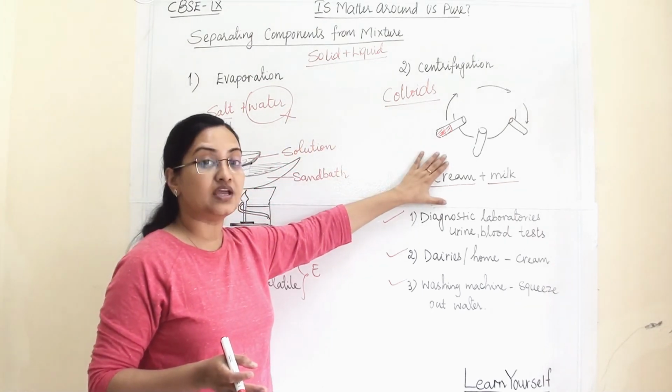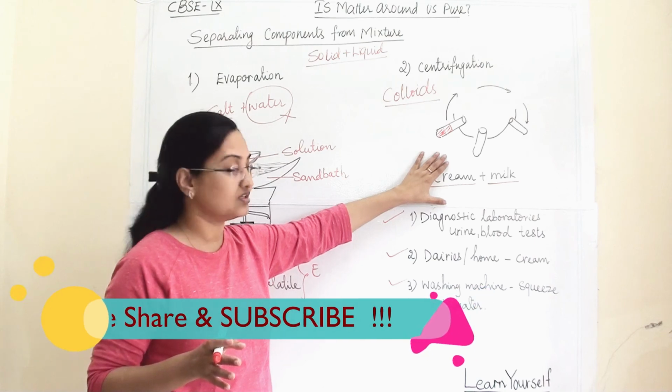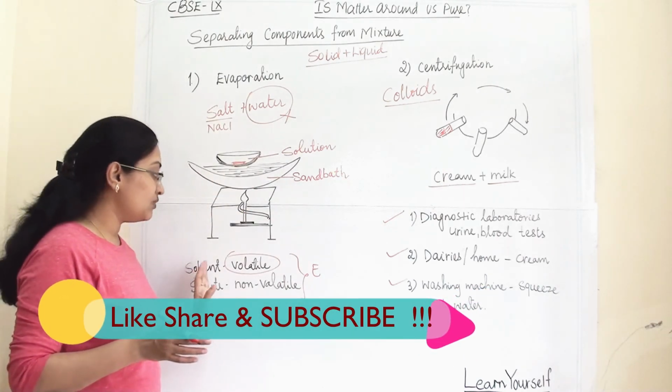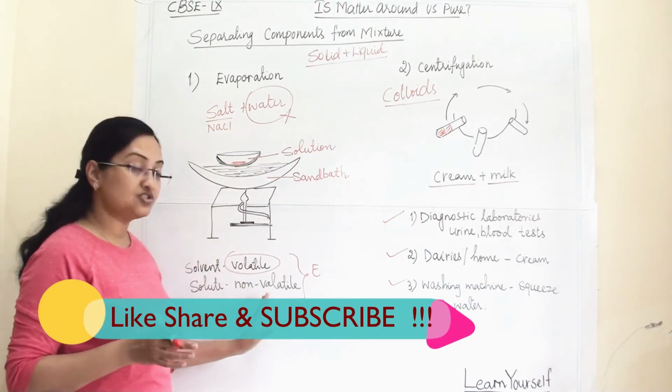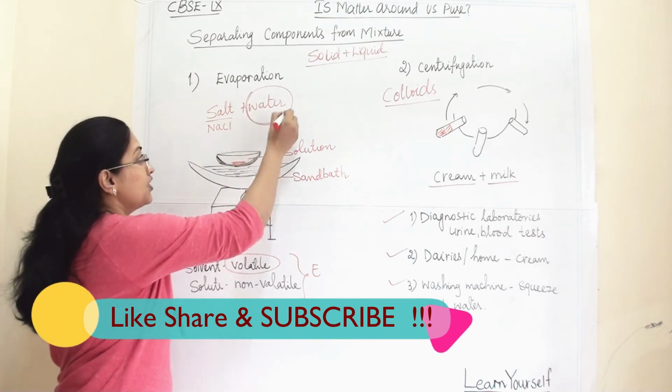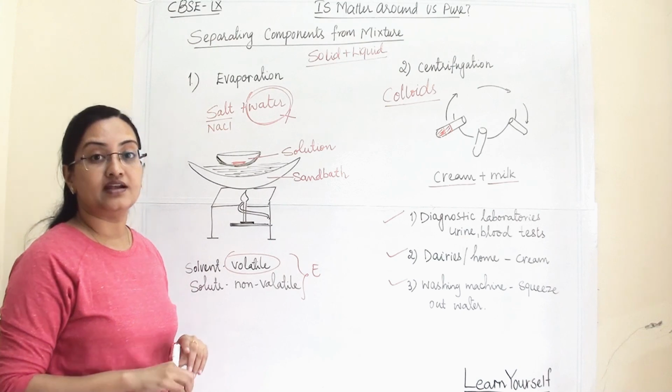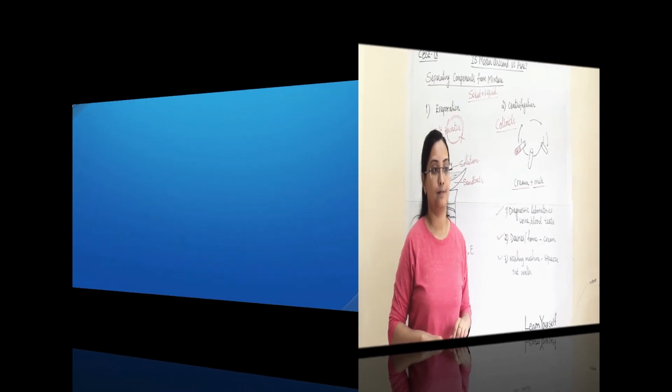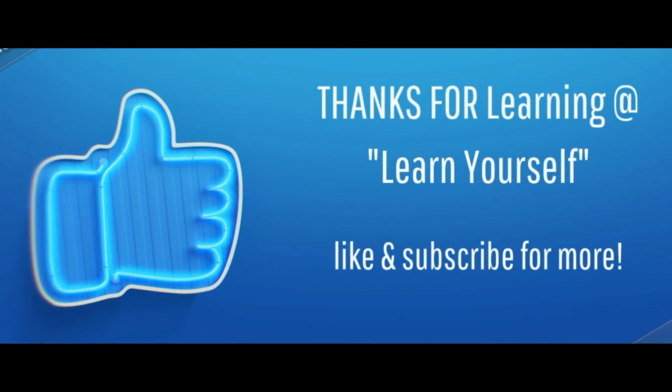These solids we cannot separate through filtration. When a solvent is volatile and solute is non-volatile, we perform evaporation, but here we are going to lose our solvent at the end of the procedure.